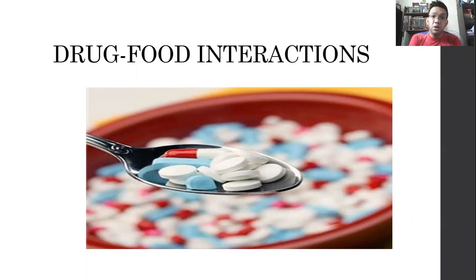If you observe certain medications in drugstores, there are already paracetamol products combined with caffeine, because the caffeine content of coffee will help increase the absorption of NSAIDs, or non-steroidal anti-inflammatory drugs such as paracetamol, into the bloodstream, making it more effective.